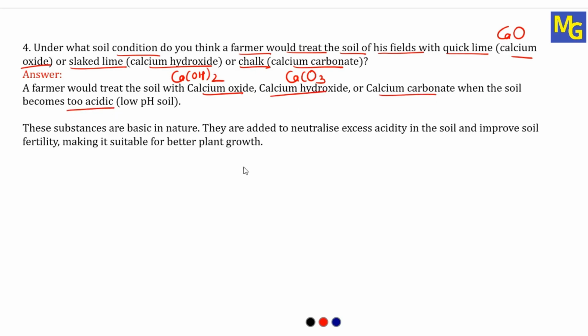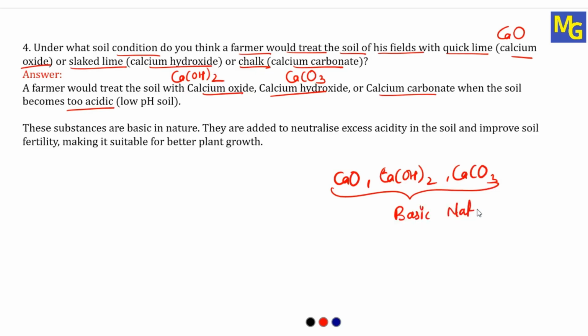So remember, calcium oxide or calcium hydroxide or calcium carbonate, these all are basic in nature. This is an oxide, but it is a basic oxide. This is already a base. This is a salt, calcium carbonate, but it is also a basic salt. So all three show basic nature.